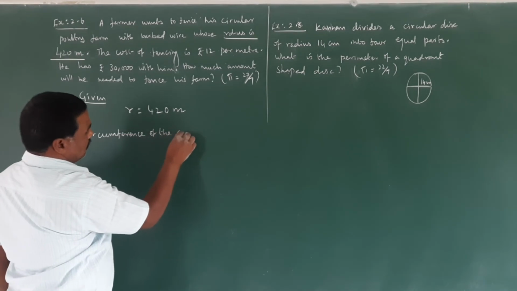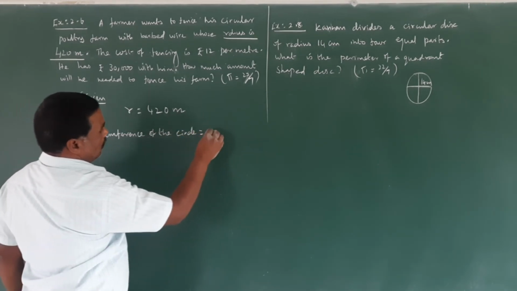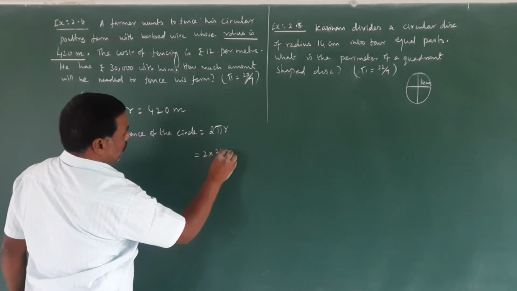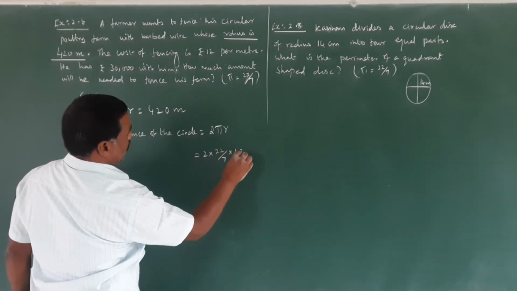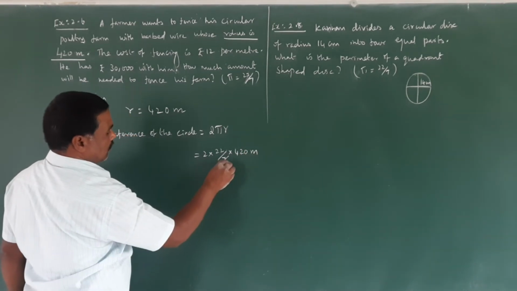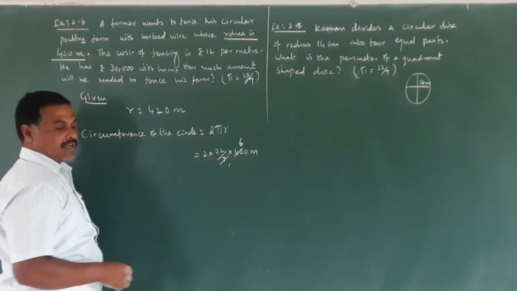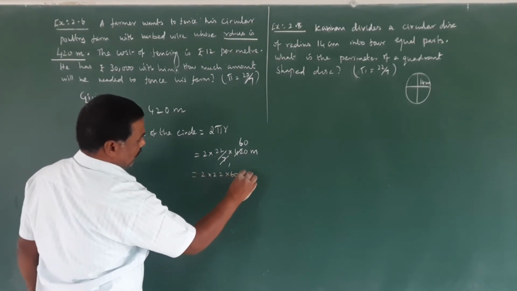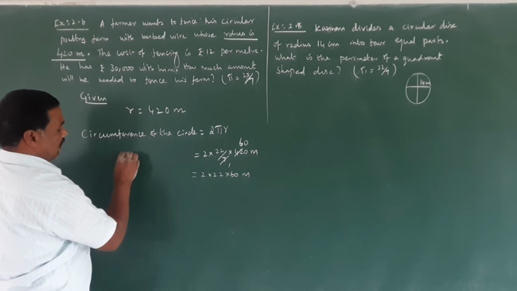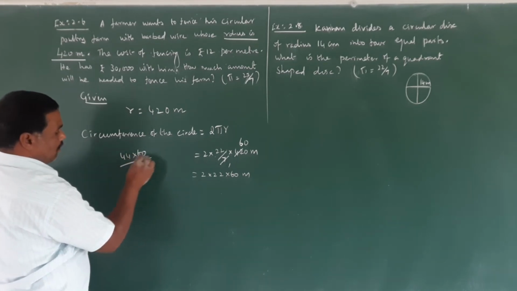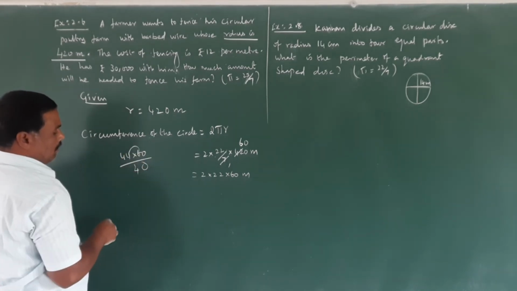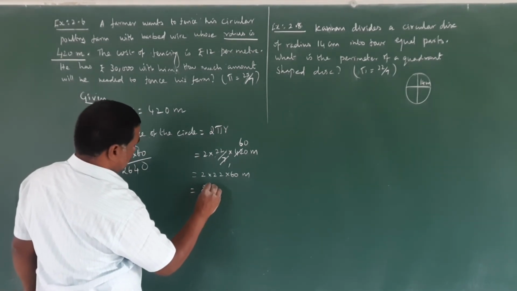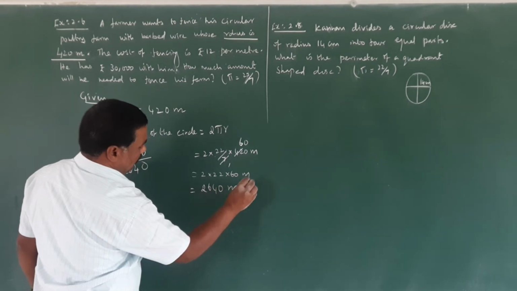Circumference of the circle equal to 2 into 22 divided by 7 into 420 meter. Now 7 ones are 7, 7 sixes are 42, 0. Now 2 into 22 into 60 meter. Now 2 into 44 into 60. You multiply, 0, 24, remaining 2, 24, 26. Now answer: 2640 meter.